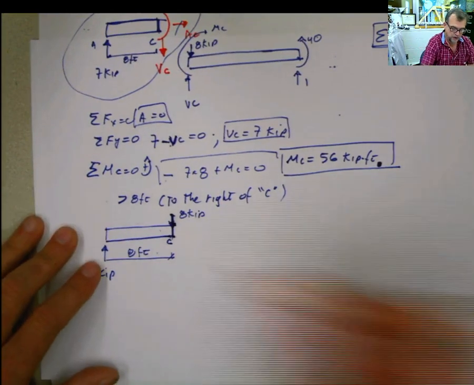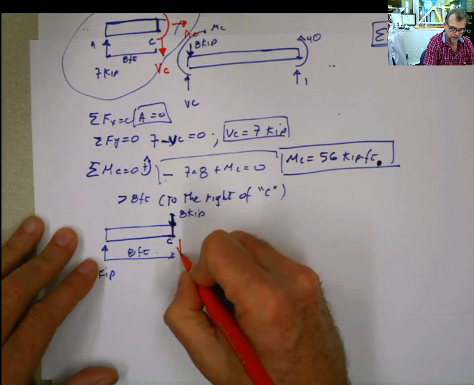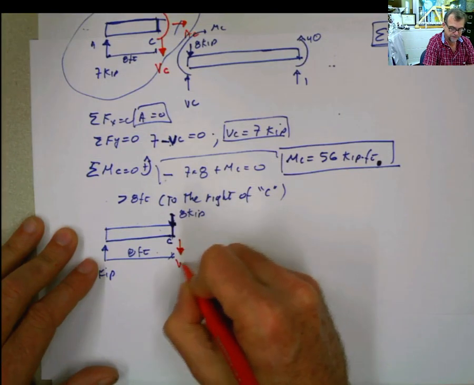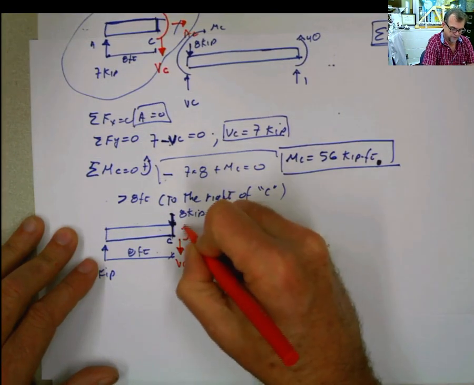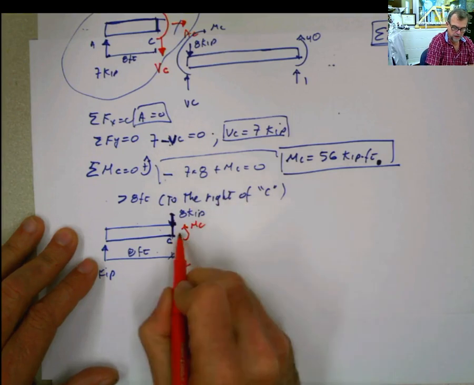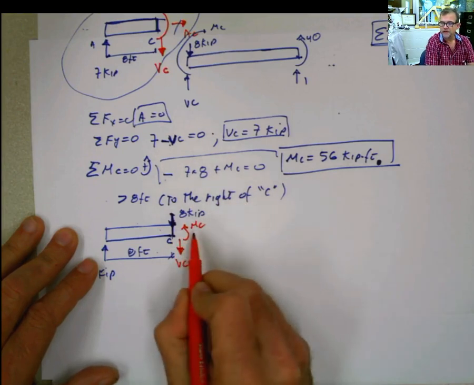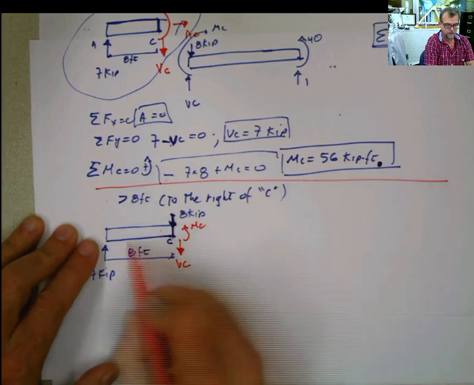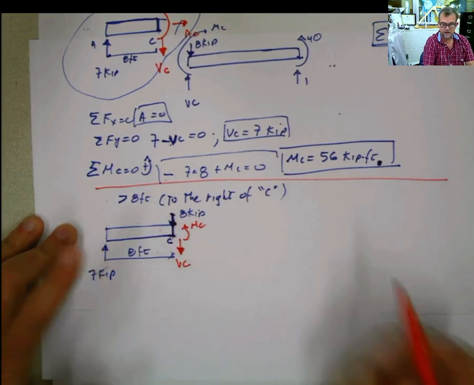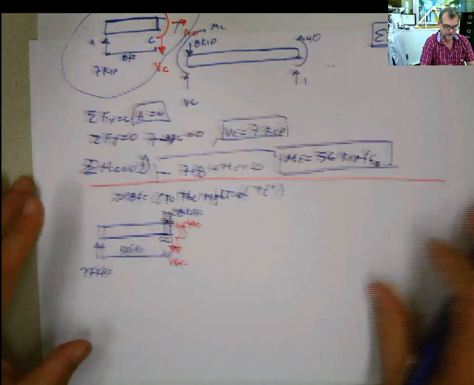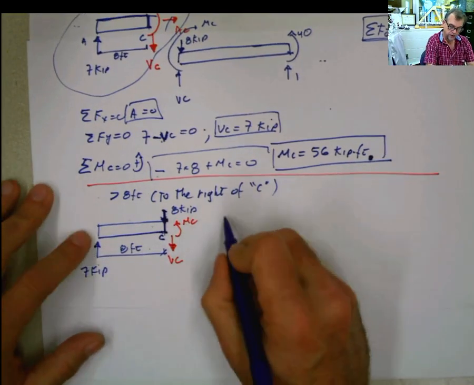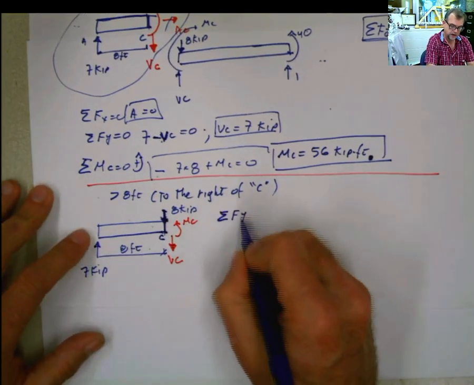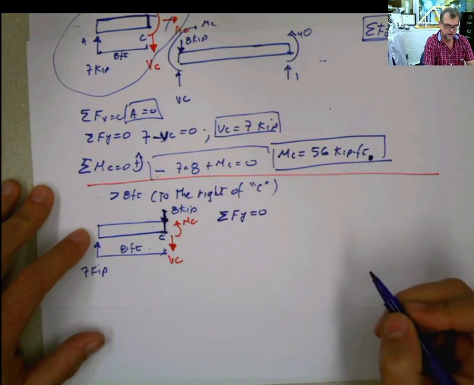And then you put here your forces again, VC, MC, and your axial force. I'm not going to put the axial force because I know what is happening here already. Summation of forces in X equals 0, axial is 0. I'm just going to keep it like that. And I'm going to do again summation of forces in Y equals 0. Now what do you have here?